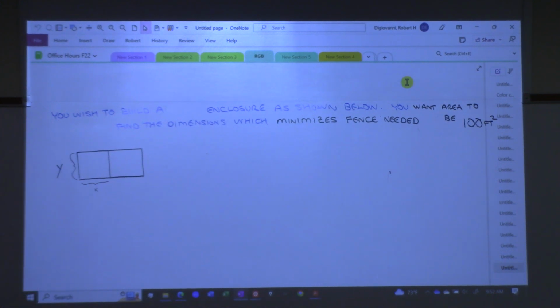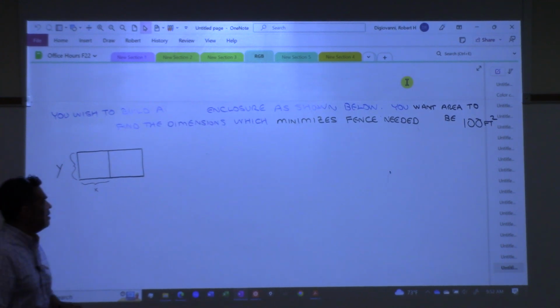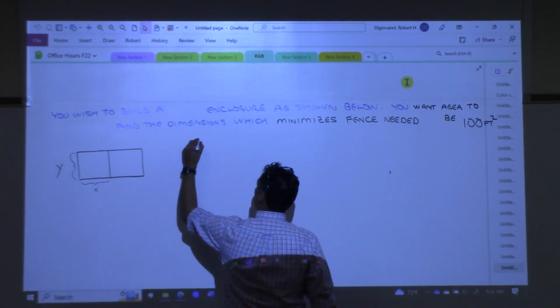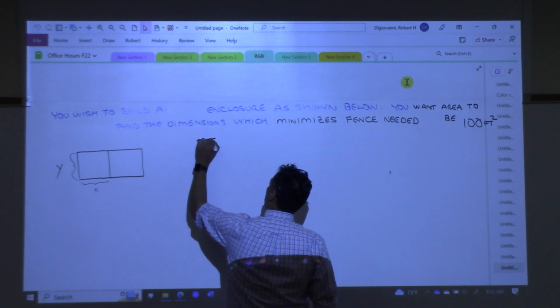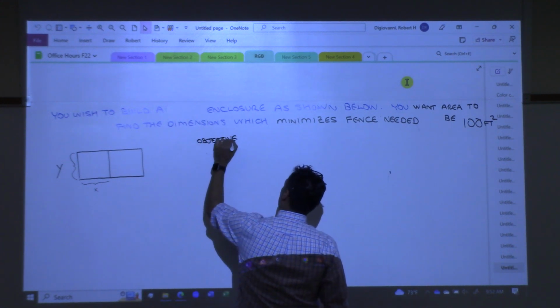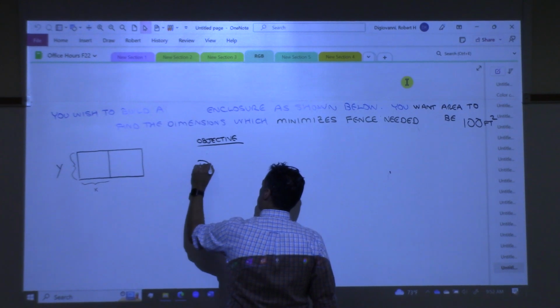What's the objective? What are we trying to either maximize or minimize? The perimeter, or the total fence used, right? For us, we'll call it P for perimeter, even though it's not technically a perimeter. Yes? So the objective is the P, the perimeter.